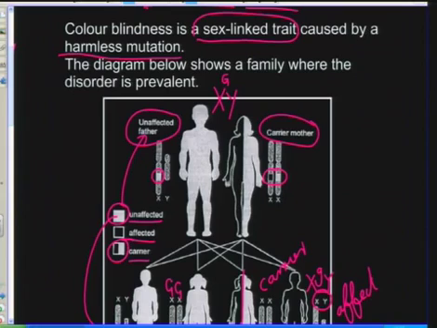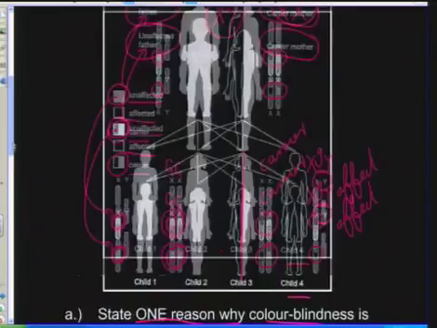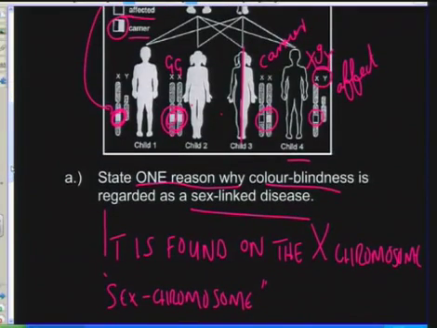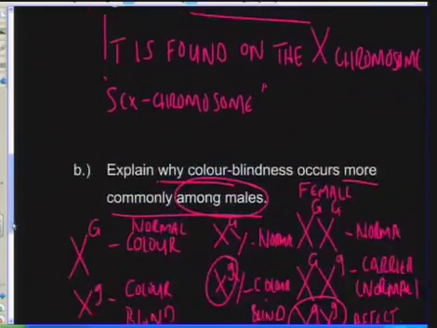The female, who is XX, a carrier, would mean that she has the normal gene as well as the recessive gene. And hence we've got the genotypes of the father, the mother, and child 2 and child 4, who is a male. Okay, we've done that. Let's move on to more questions.